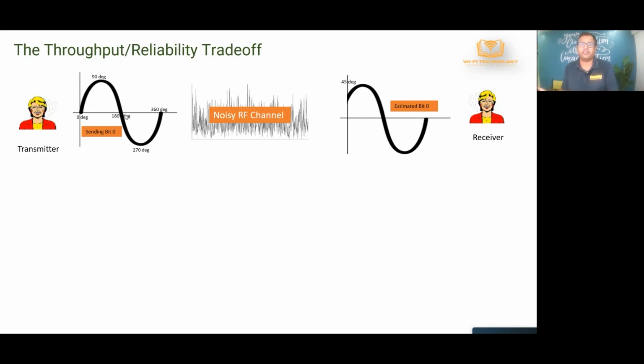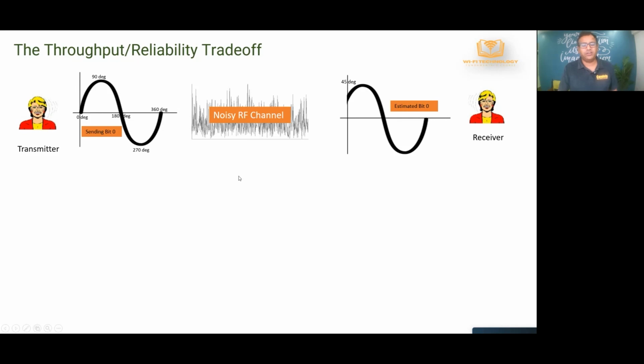That's the agreement I had with the transmitter. The transmitter clearly told me if I am transmitting at 0 degrees phase, then it's a 0. If I'm transmitting at 180 degrees phase, it's a 1. But what I received is a 45 degrees phase shift. So I'm now confused. I don't know what's going on. And that's what the noisy channel does, because it will distort the signal. So now the receiver has to correctly estimate what was being sent.